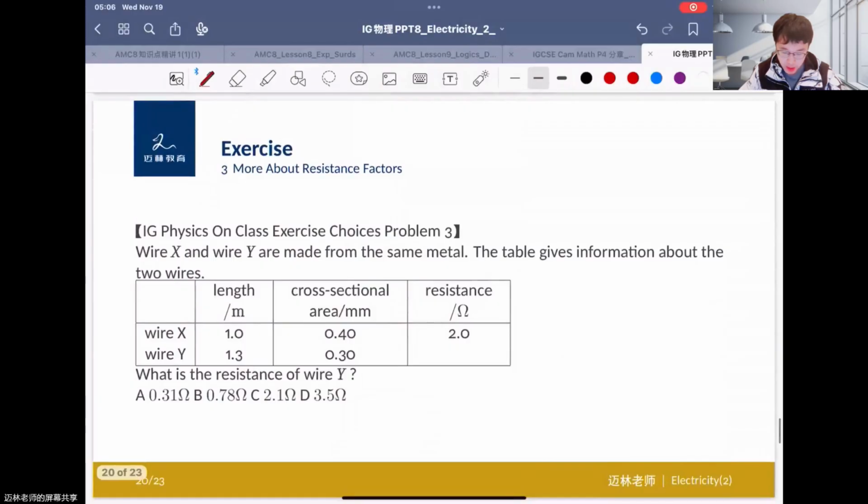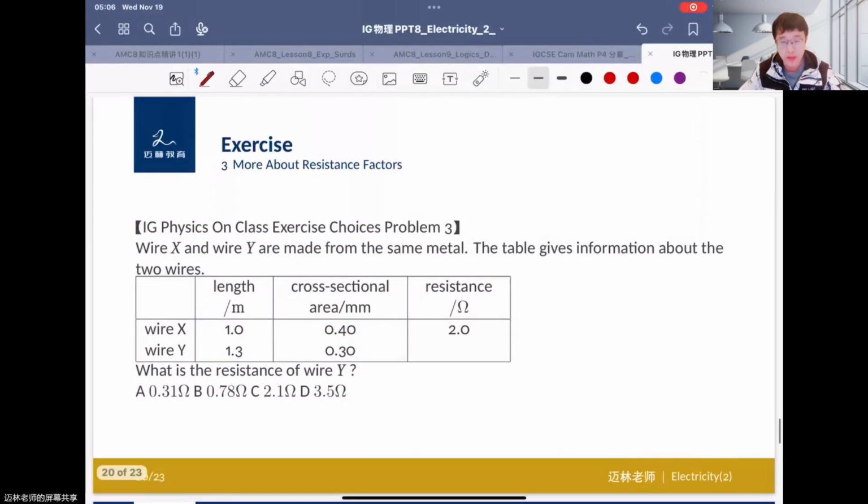So let's move into the exercise. Here, just try to consider how to calculate the variable y using the basic properties and the data in variable x, please. Okay, I guess it's not very difficult, right? So here for variable x, you can use the formula R equals rho L over area, right?